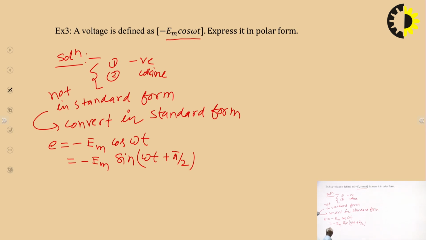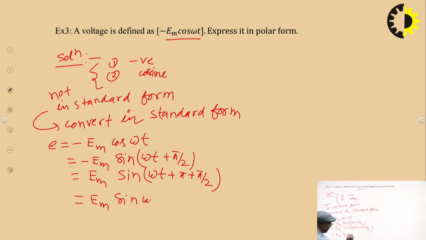Now we want to remove this negative also. So what we will do? We will make it positive, and this sin omega t plus pi by 2 becomes Em sin omega t plus 3 pi by 2. So this expression is now in standard form.